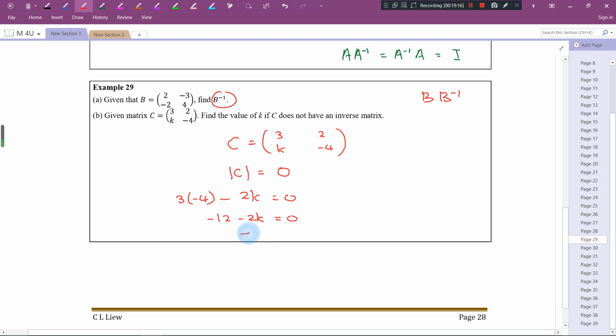Okay, so negative 12 is equal to 2K. So K is equal to negative 12 divided by 2, which is equal to negative 6.